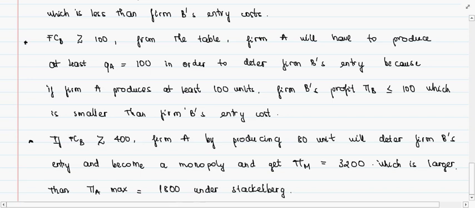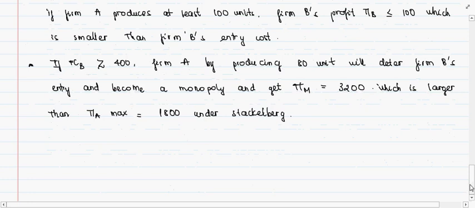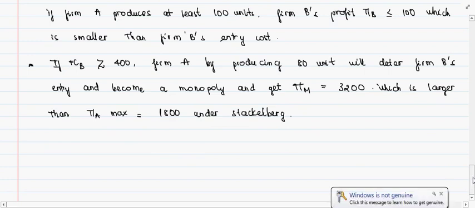If firm A decides not to deter firm B's entry, they are going to be competing in the market under the Stackelberg equilibrium, and the maximum profit firm A can get is 1,800 by producing 60 units of output. By producing a little bit more, firm A will successfully deter firm B's entry, become a monopoly, and get a higher profit. So firm A is going to do this.